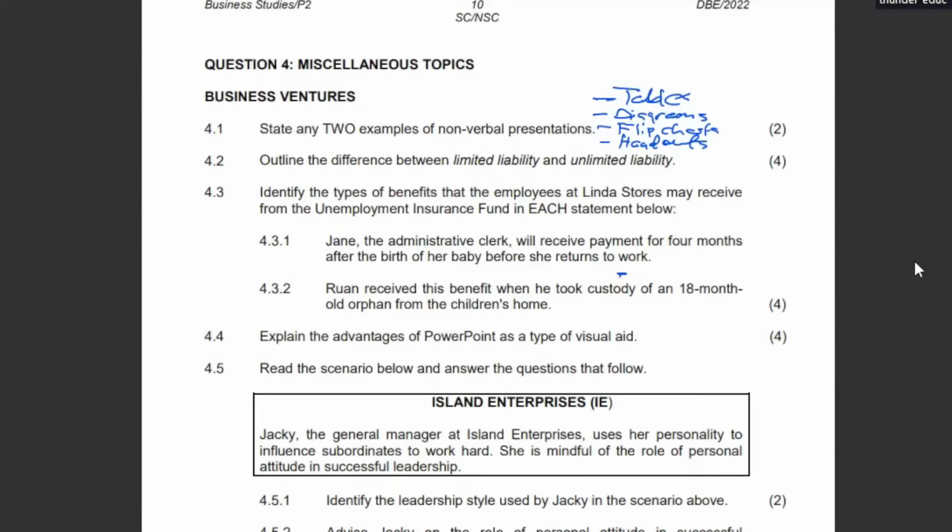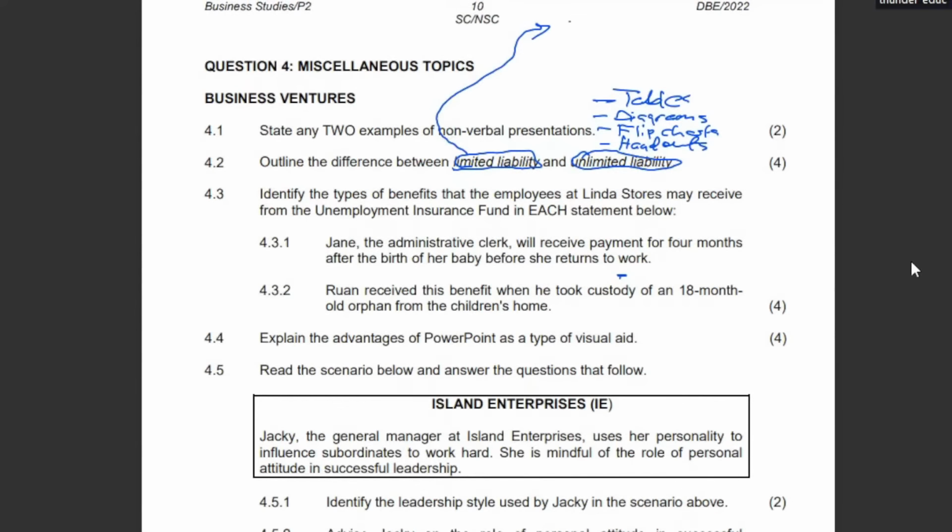Okay, right? So outline the differences between limited liability and unlimited liability. So the limited liability: losses are limited to the amount that the owner invested in the business.